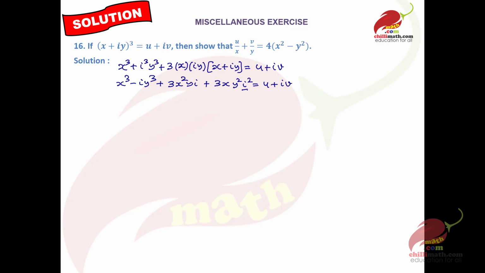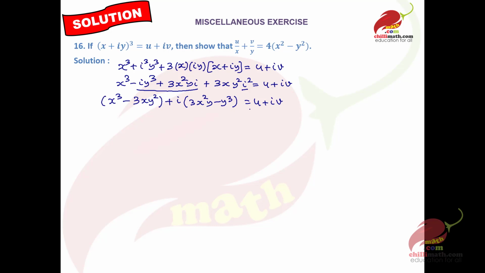Now this i² is −1, so just separating real and imaginary parts: x³ − 3xy², and from this taking i common, (3x²y − y³)i is equal to u + iv.